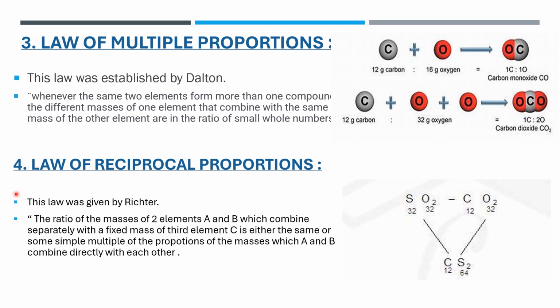Here, what does the statement mean? The ratio of the masses of two elements. Consider carbon as element A and sulfur as element B, having their own masses. Carbon has 12 gram and sulfur has 64 gram, which combine separately with a fixed mass of the third element, oxygen, with mass 32 gram.